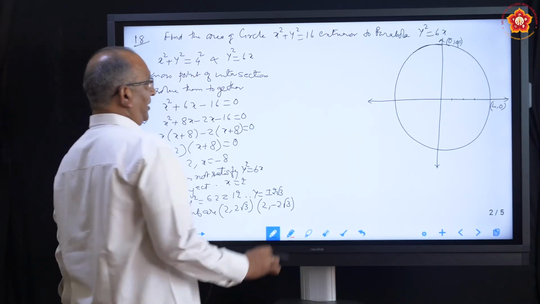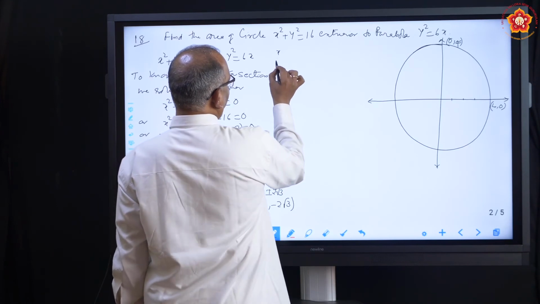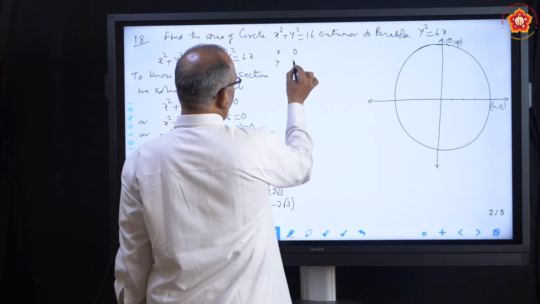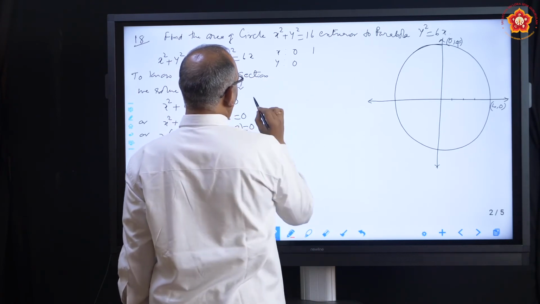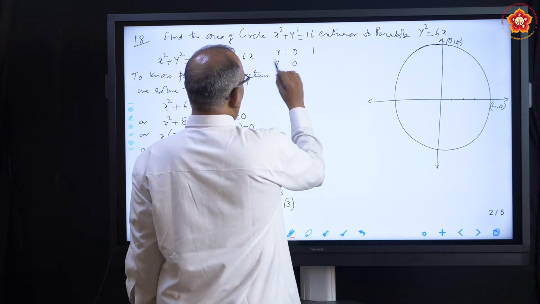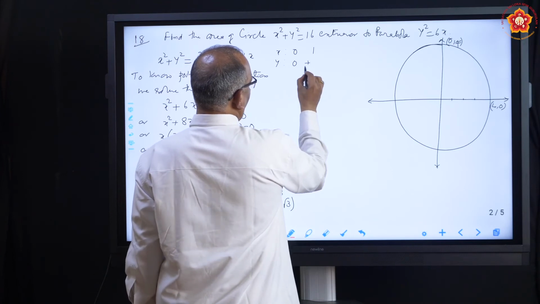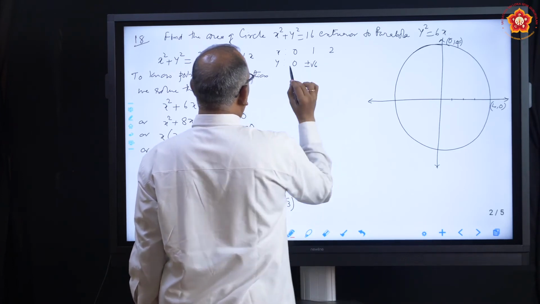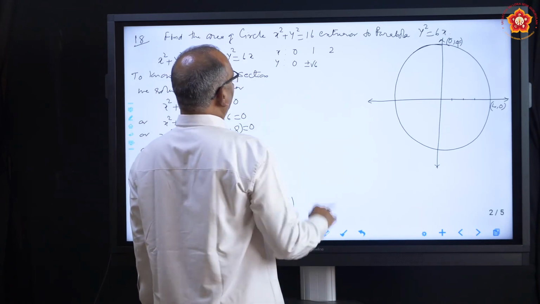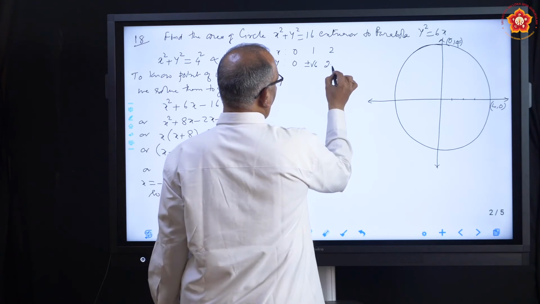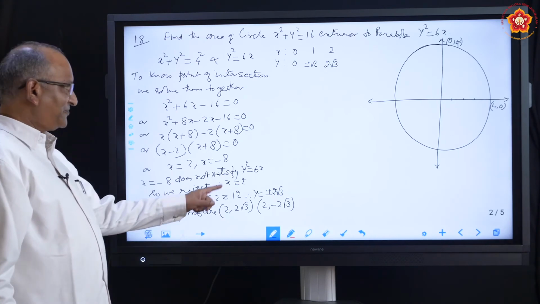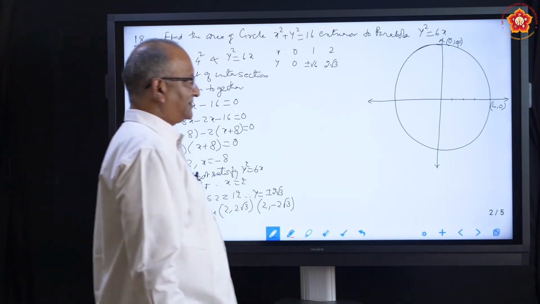How do you draw it? Take the points x and y. X is 0, so y square equal to 0. X is 1, y square equal to 6, or you can say plus or minus root 6. X is 2, 6 2s are 12. If you take 12, y square equal to 12, so y is equal to 2 root 3. The points where they are meeting each other is this.